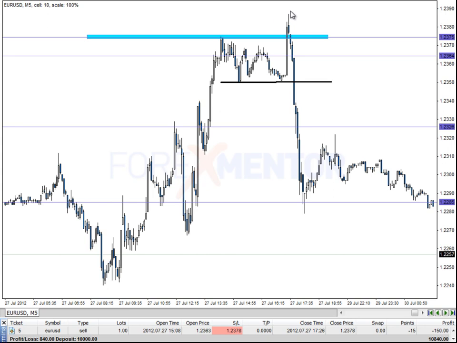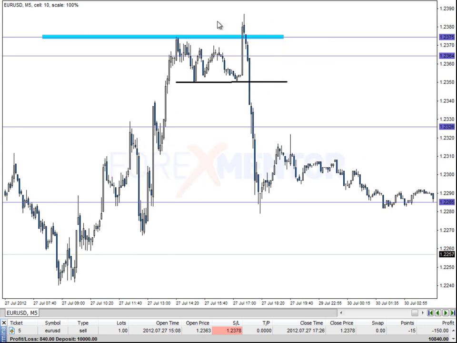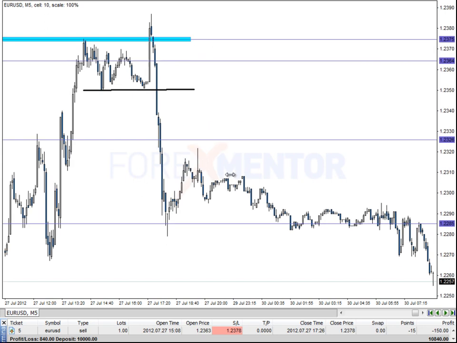It does happen, but if you can get in with very small risk on a trade, say 10-15 pips of risk, and you're looking for targets like this one down here that are worth 80, your overall expectancy in the long term is very, very good. So keep that in mind.